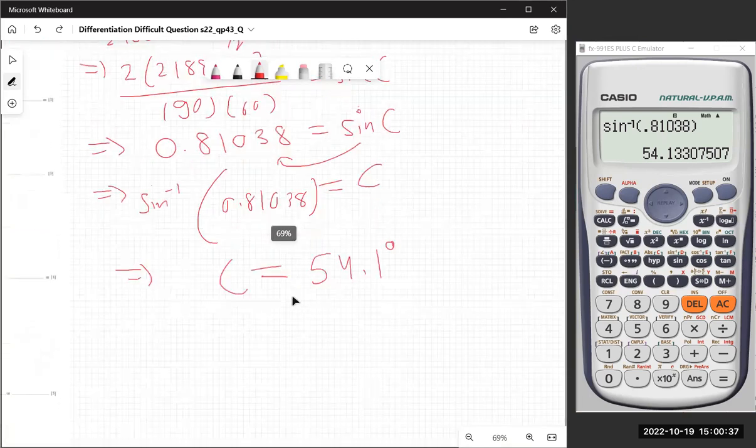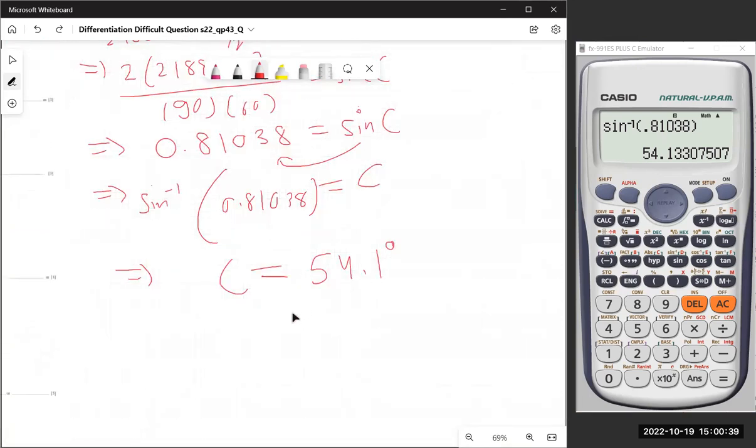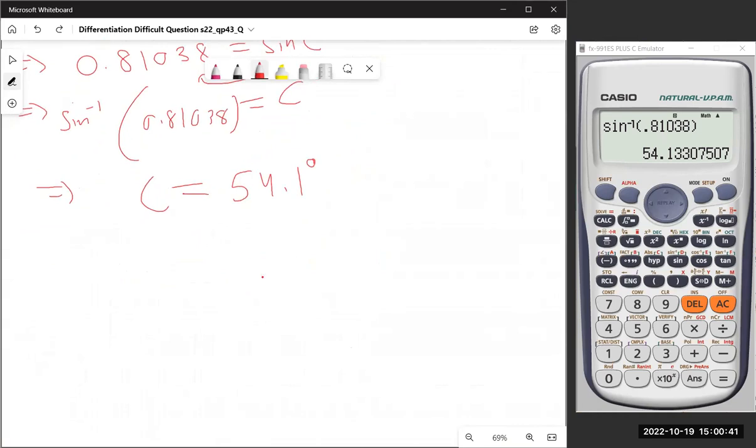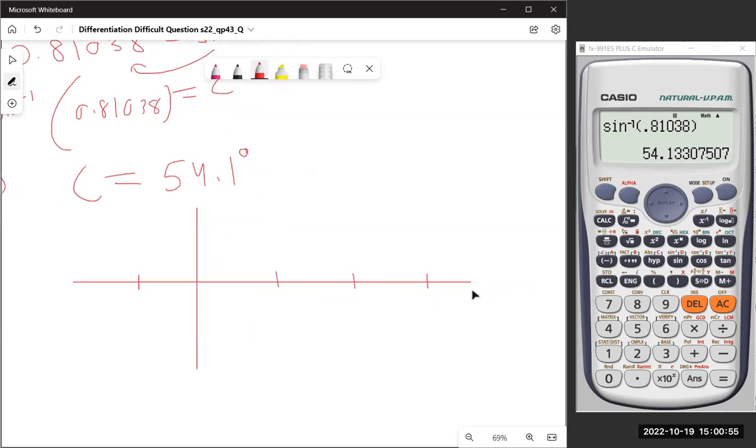Now you know the graph for sine. The graph for sine looks like this. First let's write the intervals. We did a class on this. We have 90 degrees, then 180, then 270, and 360.